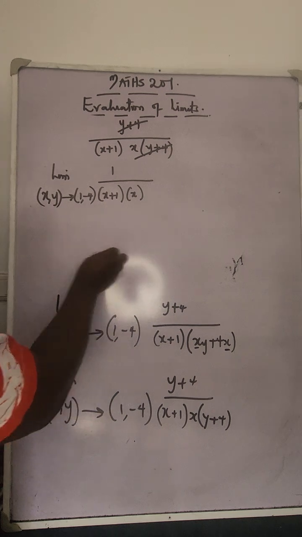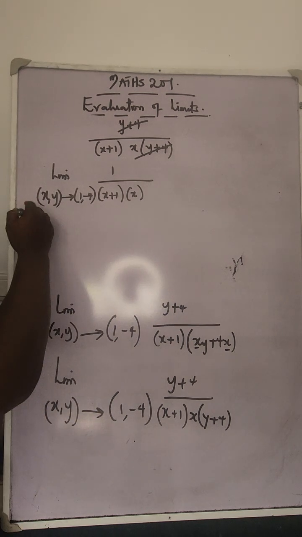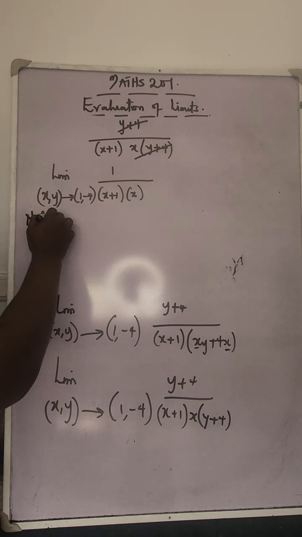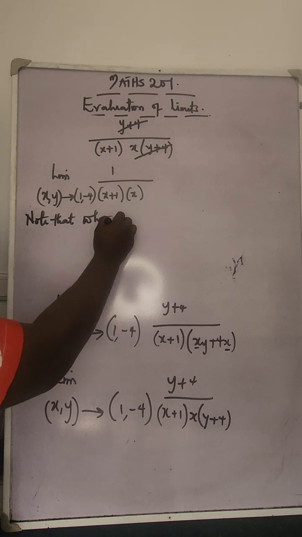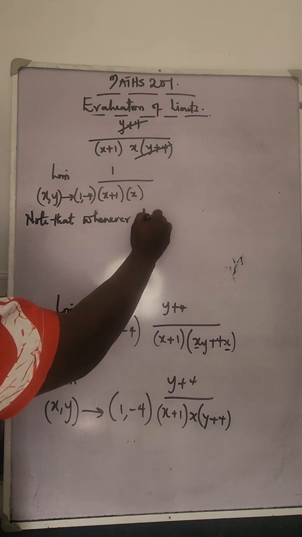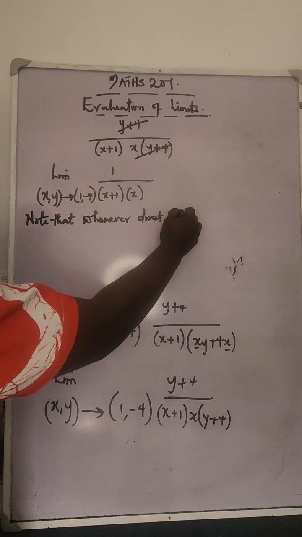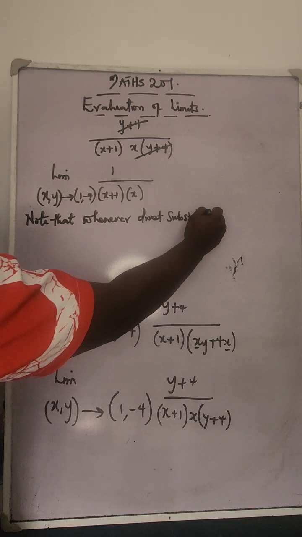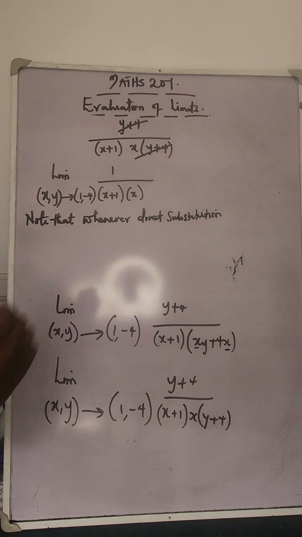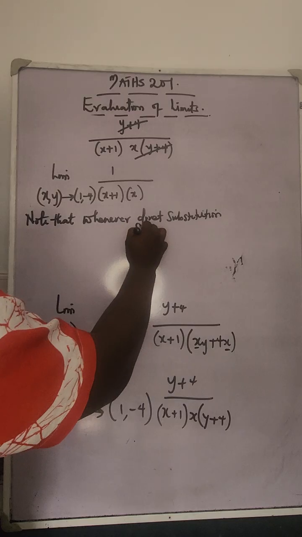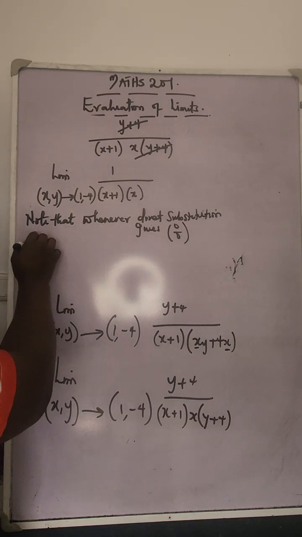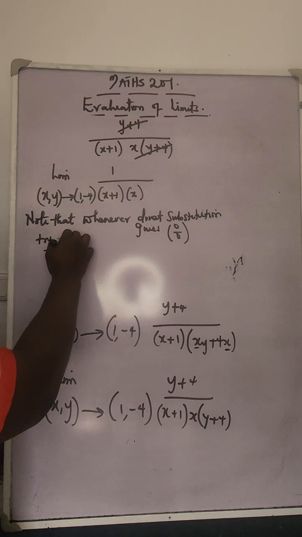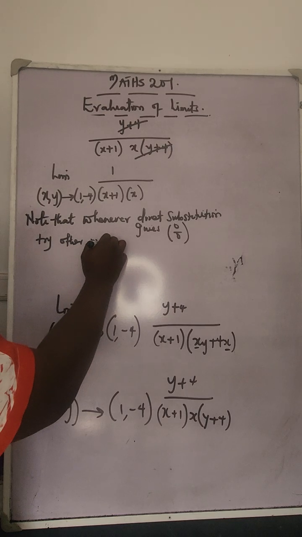So we say, note that whenever you try the direct substitution method and it gives you 0 over 0, it says try another method.